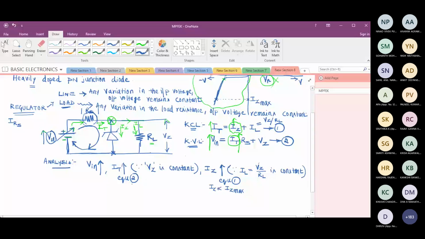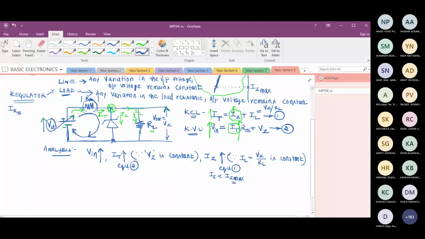Is it okay? So if I ensure that, what voltage are we going to get across the load, V out? Will it be VZ? Yes, sir. I'm explaining because you can design a circuit if you understand this analysis part.